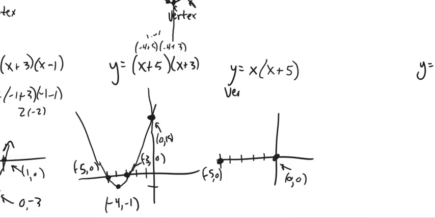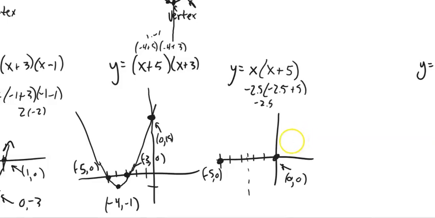Now I've just got to get at that vertex. So what's halfway between 0 and -5? Well, let's see, 0 plus -5 divided by 2, -2.5. So 1, 2, so that's about here. So I've got this x equals -2.5. Great, let me plug it in then for x to get the y value.